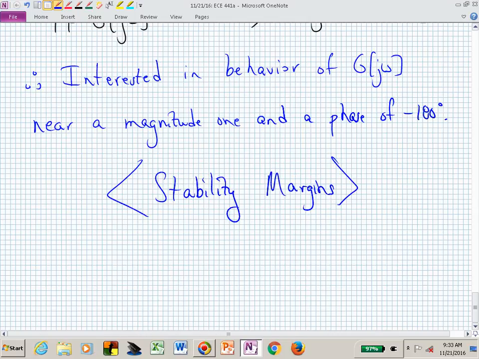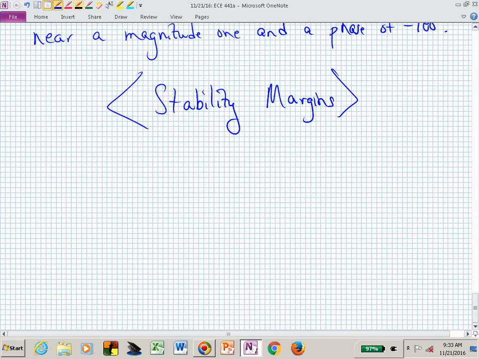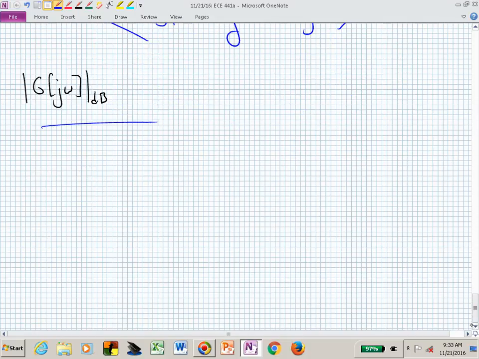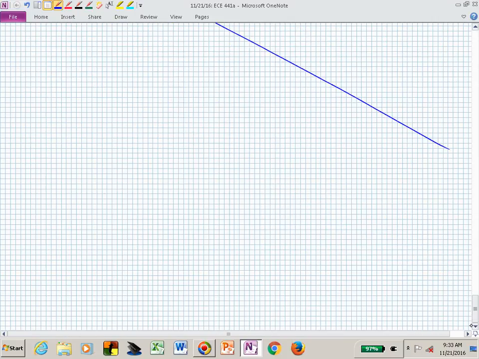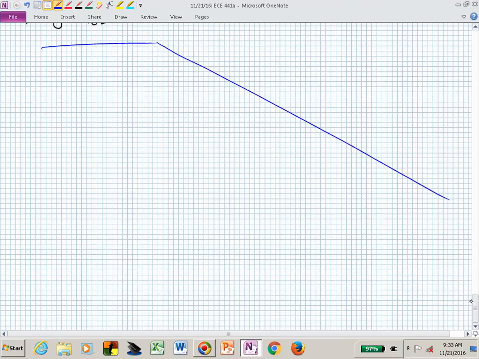For example, let's just say that I now have a magnitude plot that does this. Maybe it looks like that. And you can see where that might be a possible plant. Now let's say that our phase curve, I'm running out of paper.